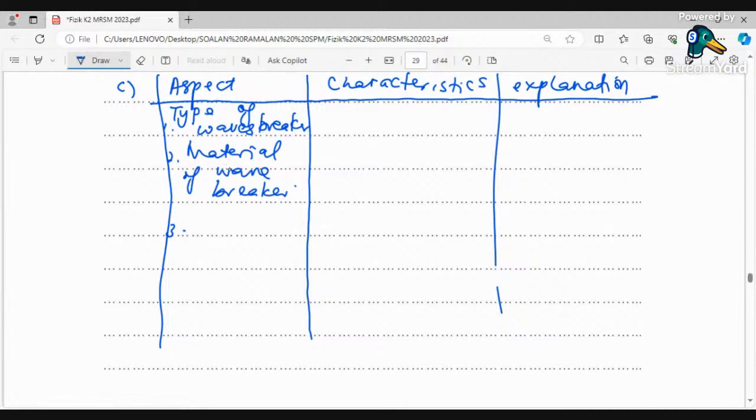Okay, nombor 3, arrangement of wave breaker. Okay, 4, tempat tadi ialah location. Okay, karakteristik type of wave breaker, kita guna yang tetrapod. Okay, ada juga.